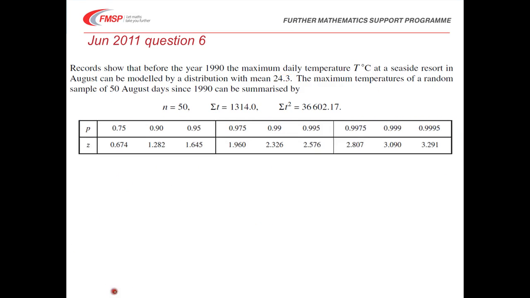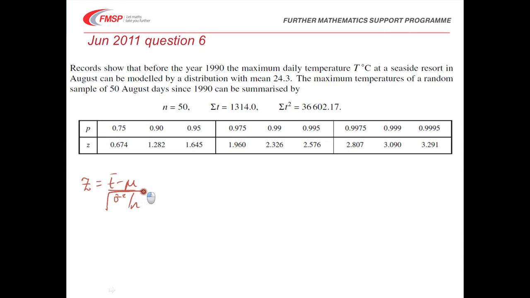Now, to do this, we're going to have to do some standardization. Because I'm dealing with a normal distribution, my z value is going to equal t bar minus my assumed mu over the square root of sigma squared over n.